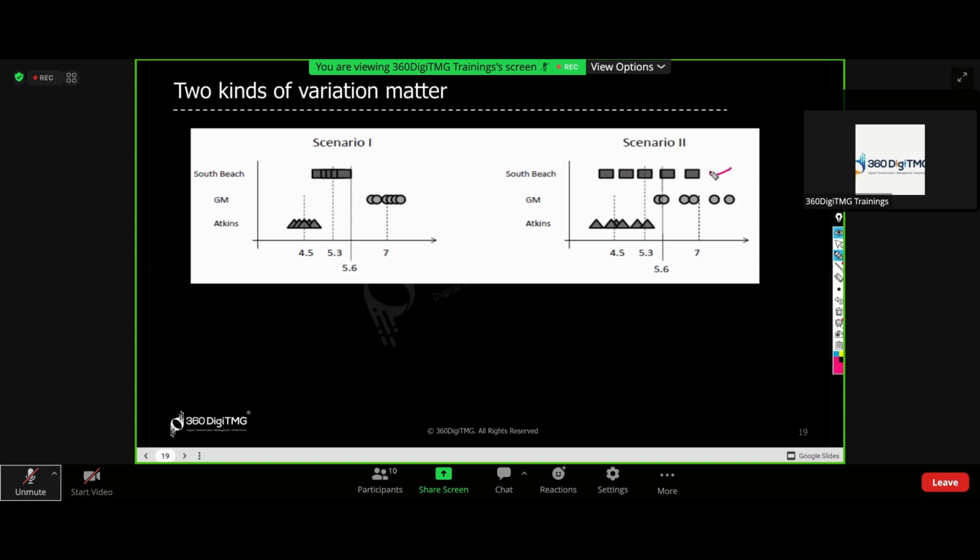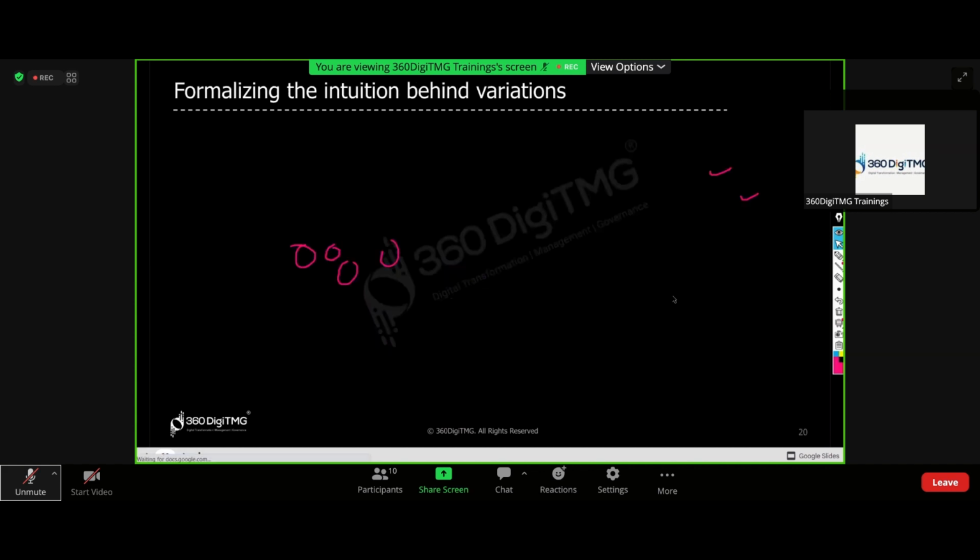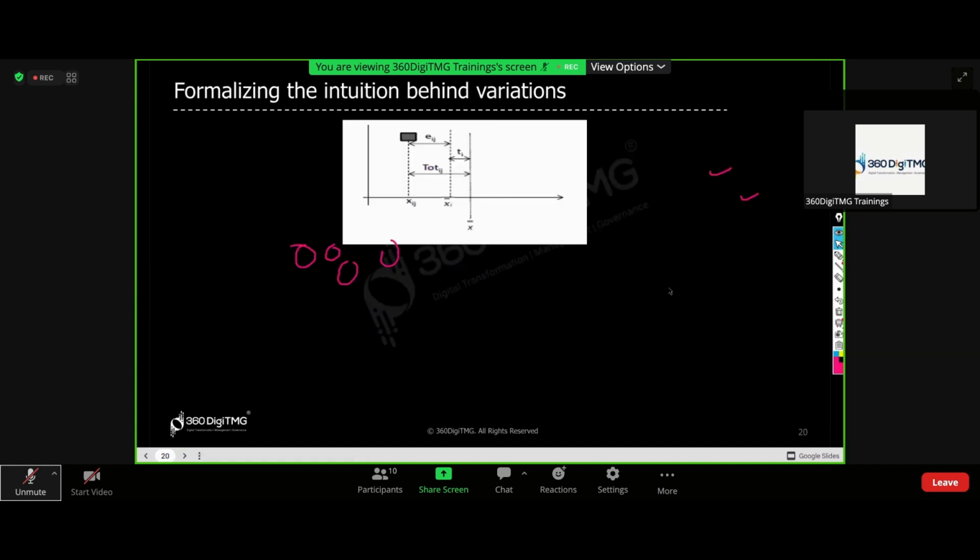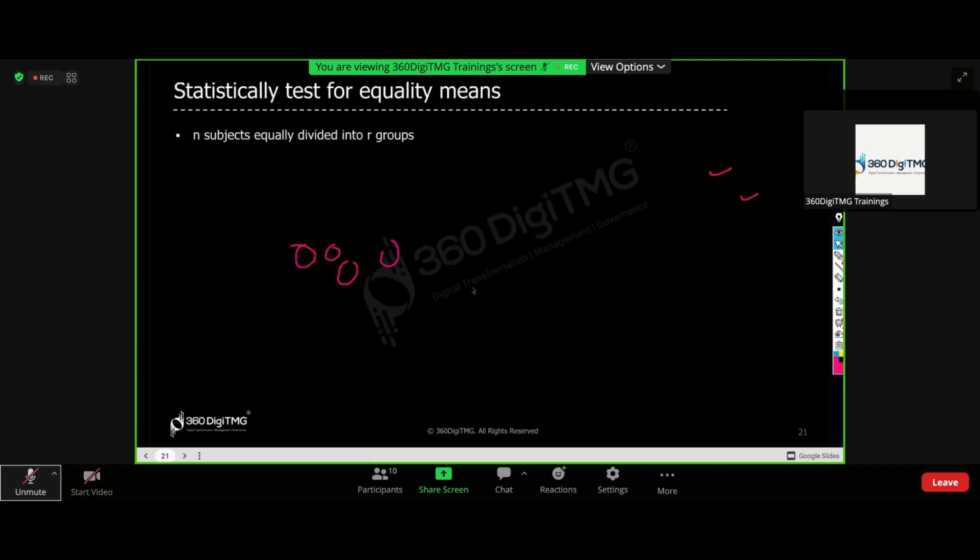One group is represented by square, circle, and rectangle, and these are the average weights.